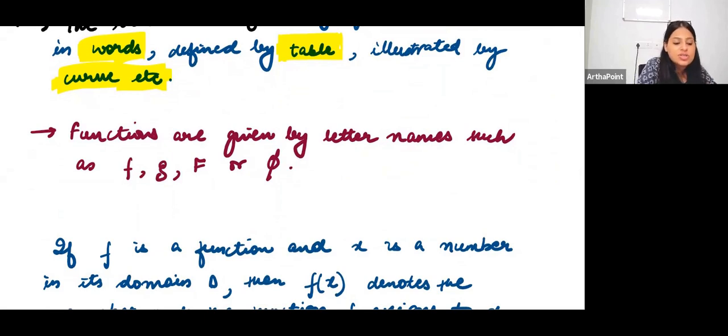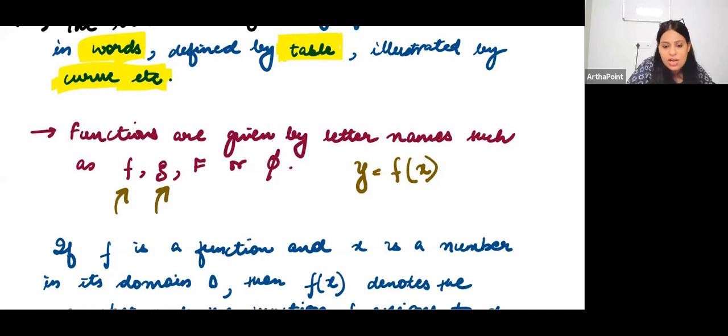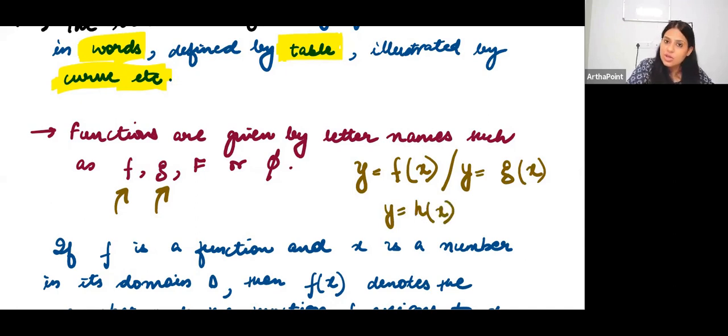Now, a function can be written in a lot of ways. One way to write the function is simply small f. So I can say y is a function of x. The other way is any small alphabet. I could have very well written y is a function of x, but instead of f, I would have used g. I could have used h. So anything is fine, any small alphabet. Similarly, I can also use any capital alphabet. So I could have written y is a function of x with a capital letter.